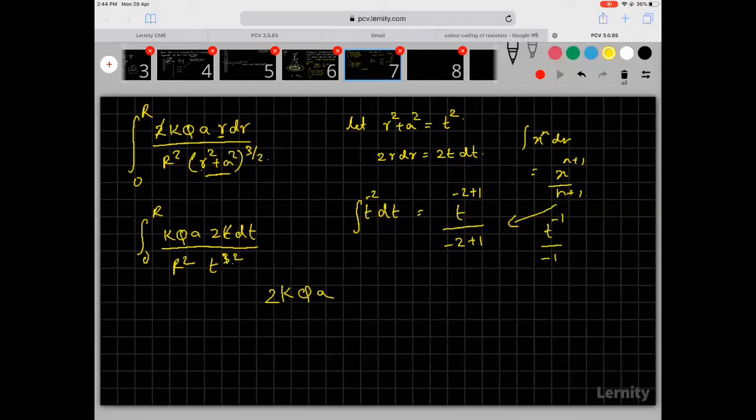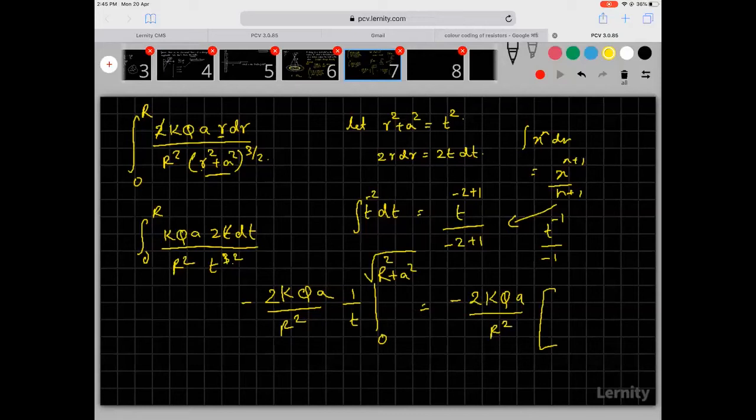Then again minus by r squared 1 by t, 0 to R, but r squared plus a squared, you will understand this, r squared plus a squared is equal to t squared. So the other limit of t will be root over of this much. So when I substitute, it will become minus 2kqa by R squared, 1 by root over of R squared plus a squared minus 1 by a.